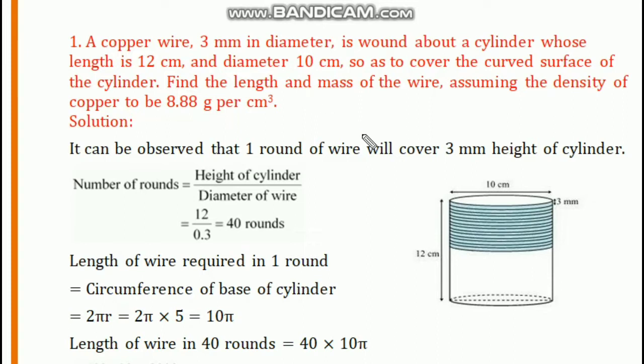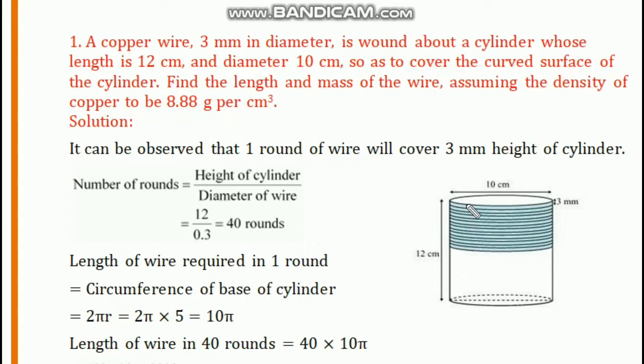So see here, the diameter of the copper wire is 3 millimeter. At the same time, the diameter of the cylinder is 10 centimeter and the height of the cylinder is 12 centimeter.